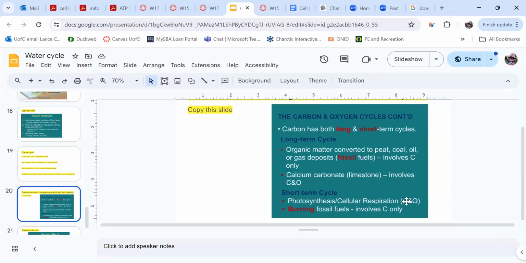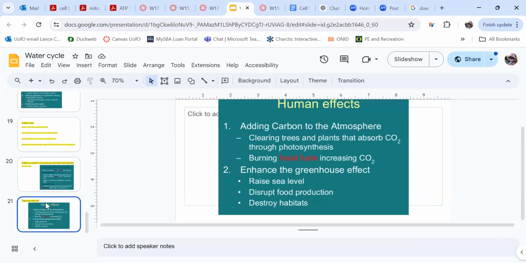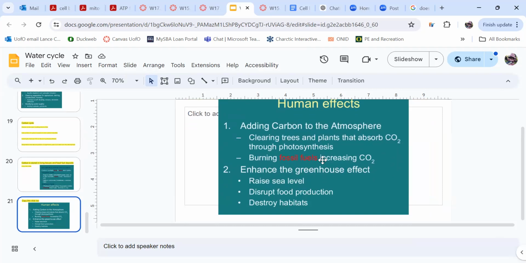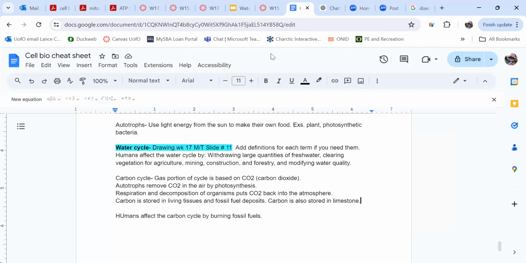What else did I like here? We know that we already got photosynthesis, the respiration. We already got burning fossil fuels. Yeah, good. How about all right, human effects? What are we doing? We're adding carbon to the atmosphere by burning fossil fuels, and we're clearing trees and plants that absorb CO2. Humans affect the carbon cycle. There I go with that capital HU again. By burning fossil fuels, removing plants that would have absorbed CO2.